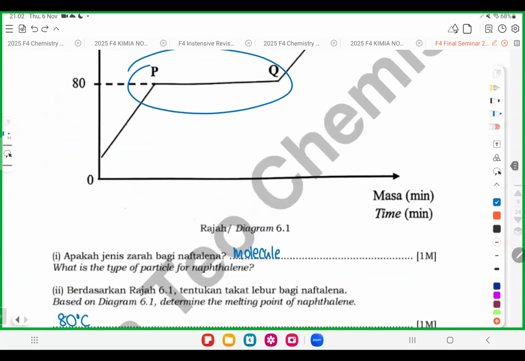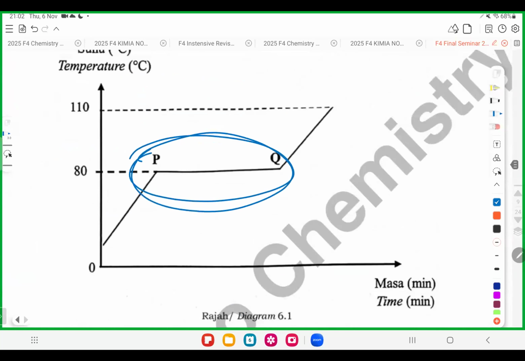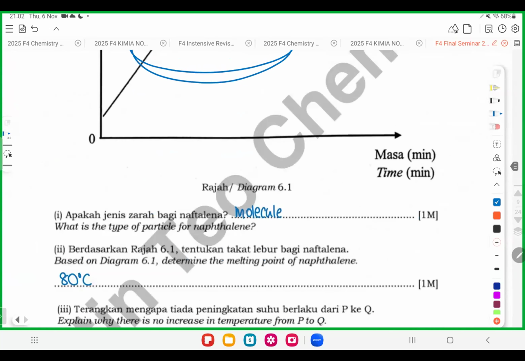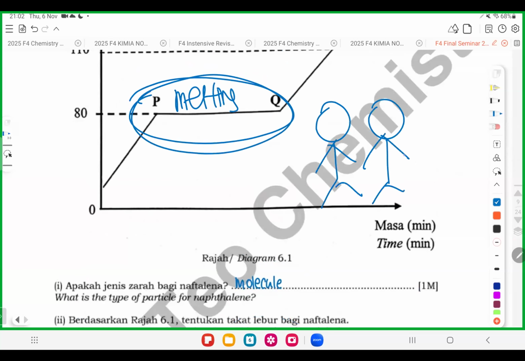So now, what happened? Why from P to Q does the temperature never change? They say this is the melting point, so we are doing melting. When we do melting, what happens? Solid particles are joined together, and now we want the solid to break down to form liquid. Solid particles have some force of attraction.